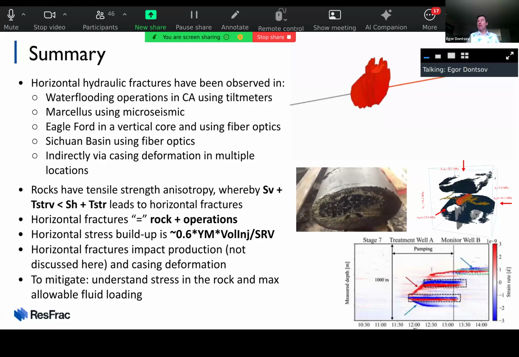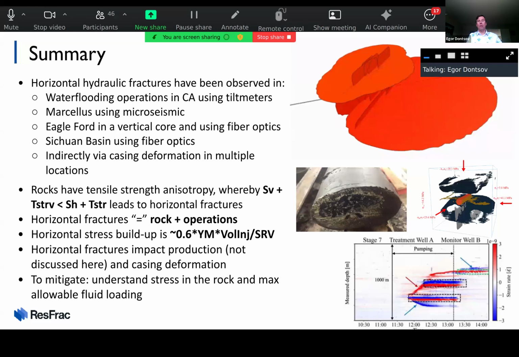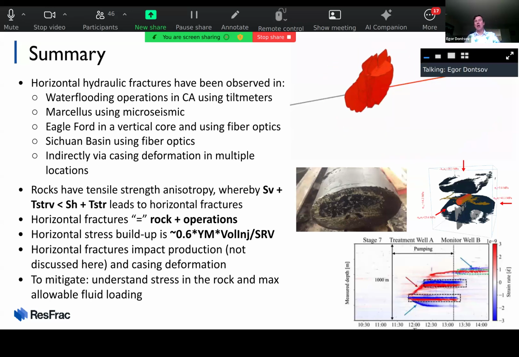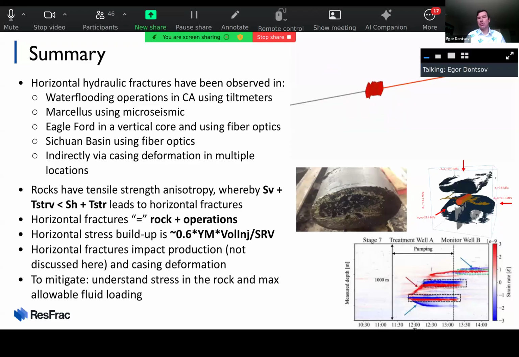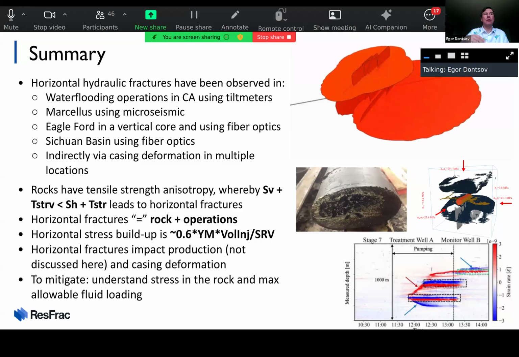If the rock is fairly isotropic and so on, probably horizontal fractures will not be there. But you never know. If you inject too much for too long, maybe you can have some sort of horizontal fracture along a barrier, from the reservoir to shale or something.